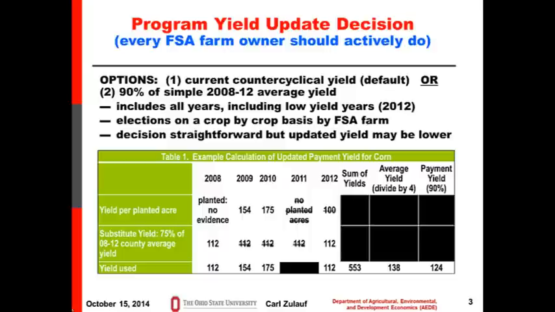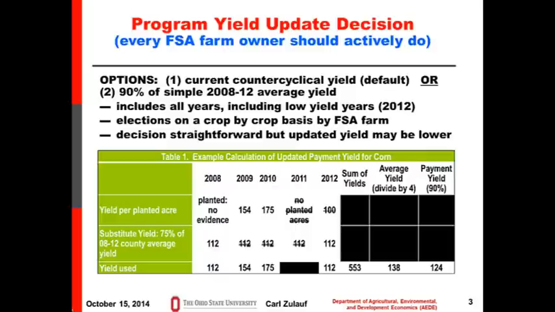And this is per planted acre, not on a harvested acre basis, and that is less than the 112 substitute yield. And so the yield that would be used that year is the substitute yield of 112, not the 100 bushel that was actually achieved that year.